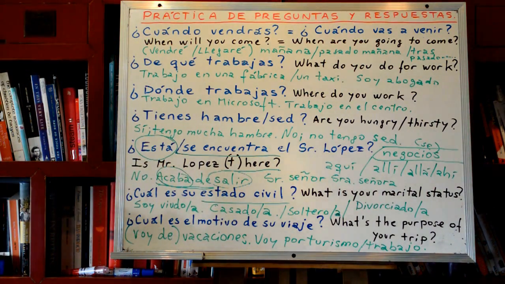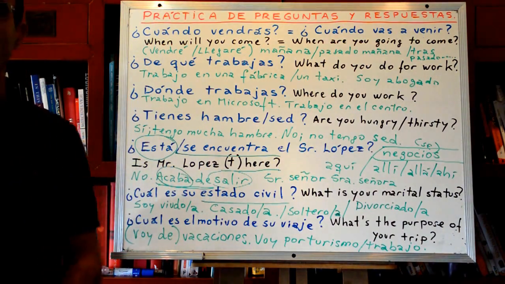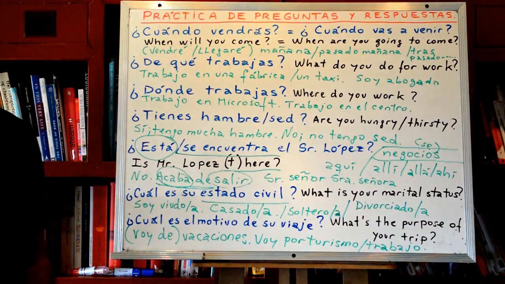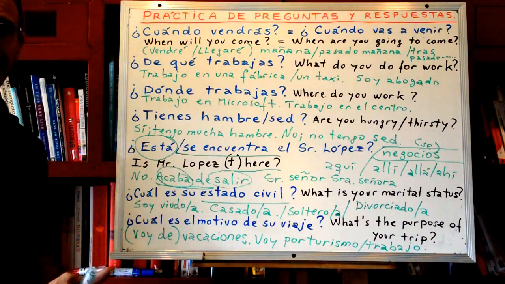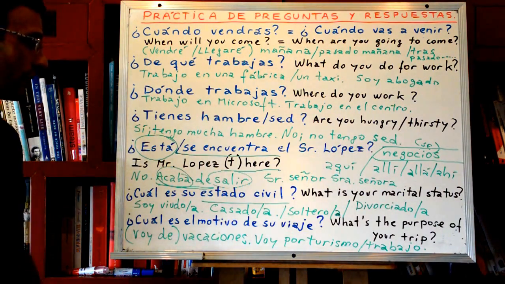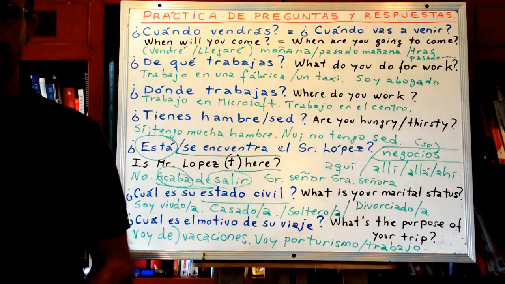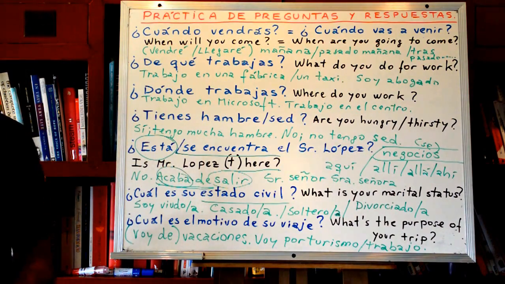Nuestra siguiente pregunta es, ¿cuál es su estado civil? Our next question is, ¿cuál es su estado civil? Estado civil, if we translate word by word, it is state civil or civil state. However, estado civil means marital status.